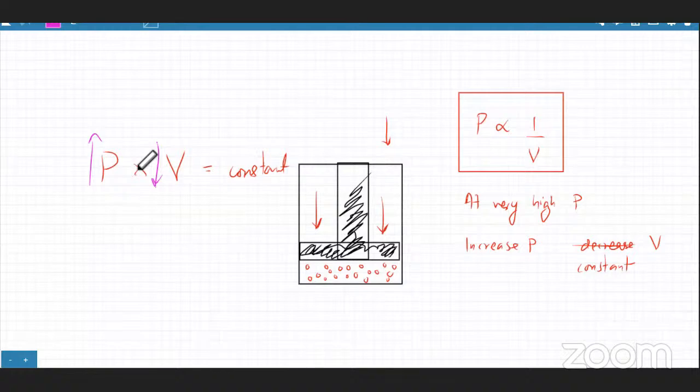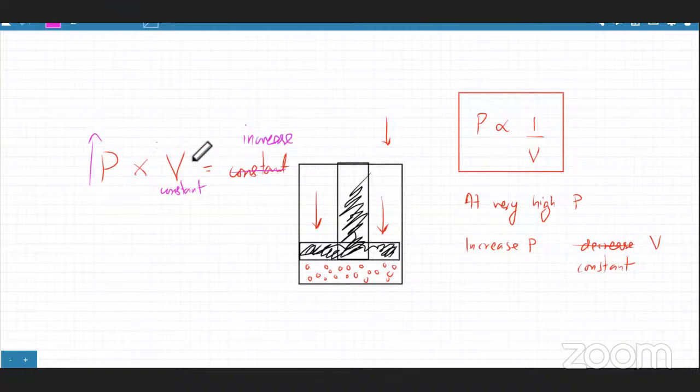Ideal gas is a model of a gas. So keep increasing pressure, volume keeps decreasing, but the product remains a constant. But at high pressure, the volume stops decreasing, it becomes constant. You're continuously increasing pressure, but the volume is not decreasing. The gas is not compressing. So that means instead of remaining constant, the P into V product would start to increase.